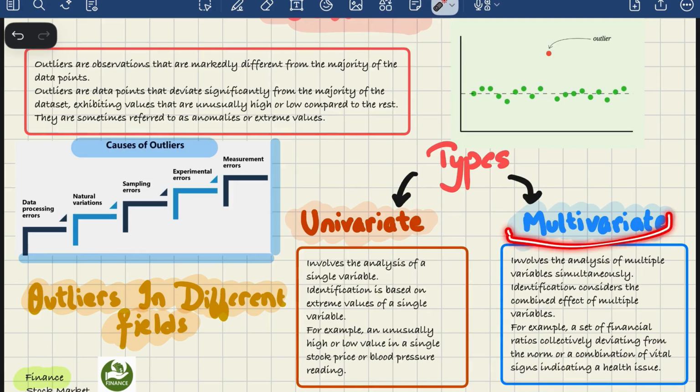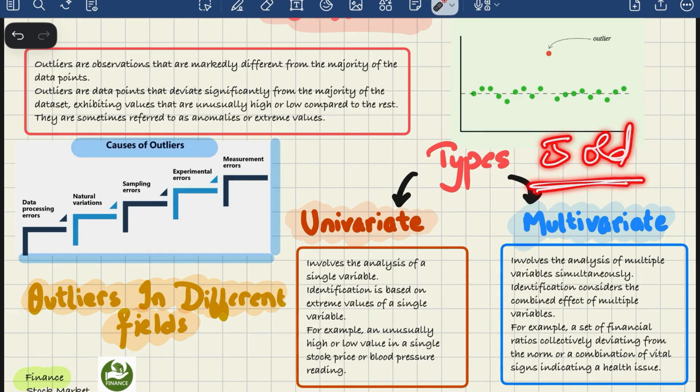And then we have multivariate. So multivariate means multiple column combination. This is an unusual combination of values across 2 or more columns that wouldn't normally coexist. So individually the numbers are perfect, right? But together, if you look, they look absurd. So imagine a row in your data set for a person who is 5 years old, right? And their monthly income is listed as $50,000.